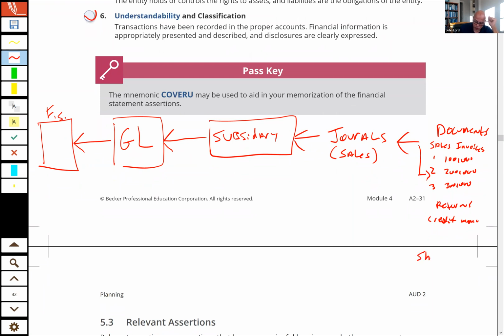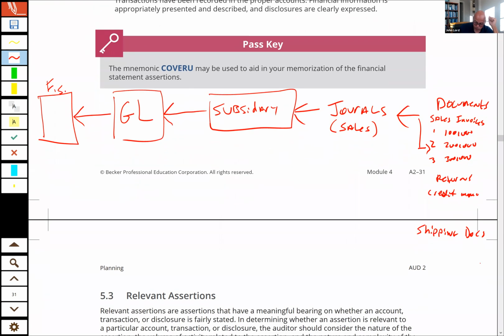How about shipping documents? Because if we had a sale, there should be a shipping document, right? So we got shipping document 1, and let's say we have sales invoice number 15 down here for 17 million.